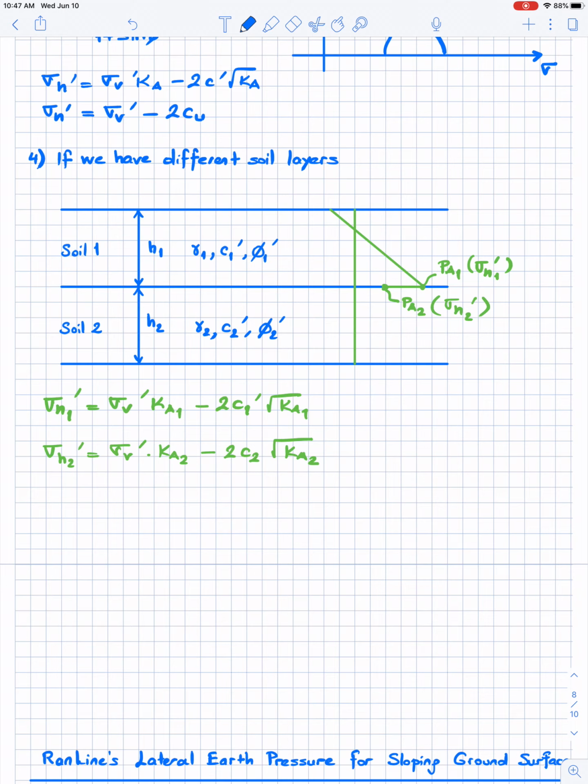So let me write it down. For example, this is a boundary. In this boundary, different KAs at the boundaries.